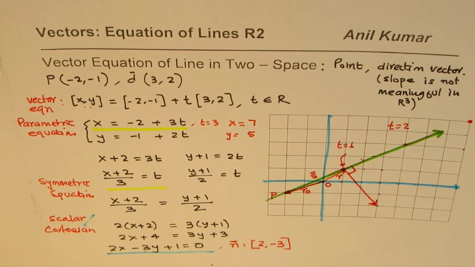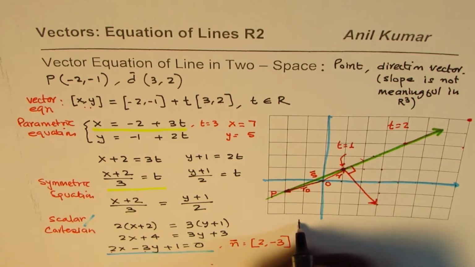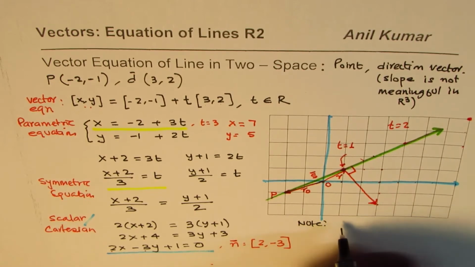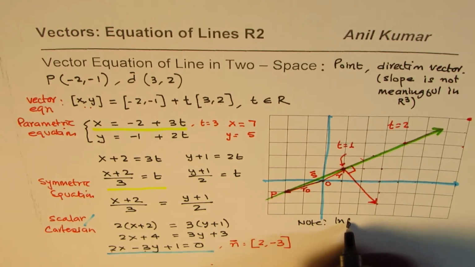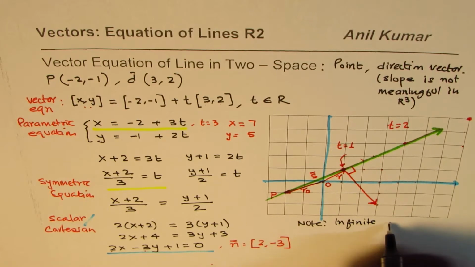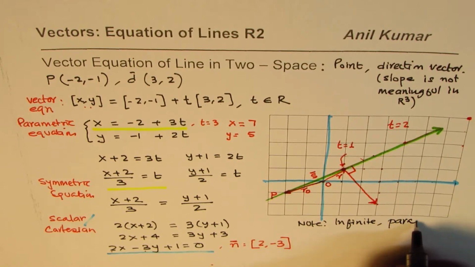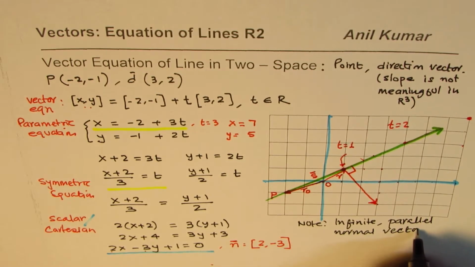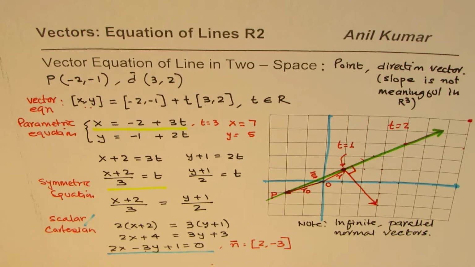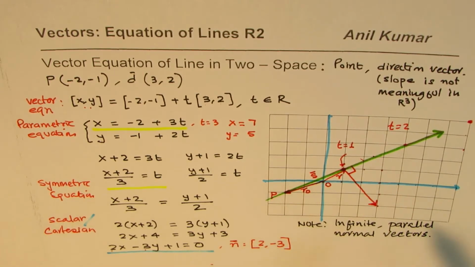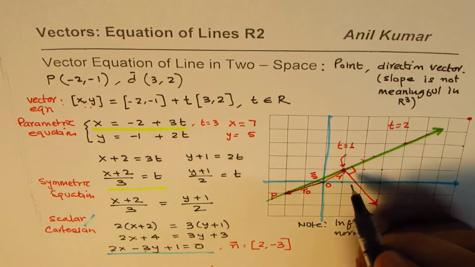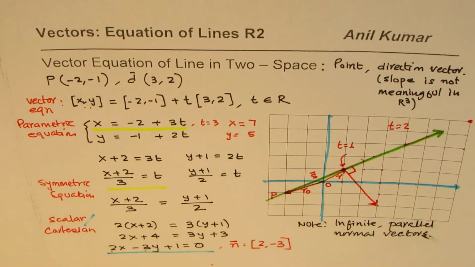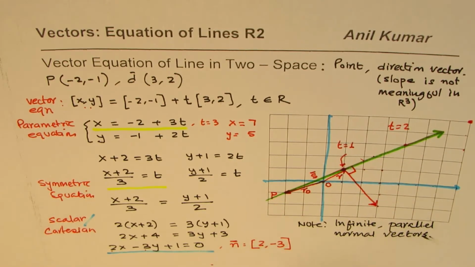Important to note, we can have infinite parallel normal vectors, as all these vectors parallel to this will be normal to the line.